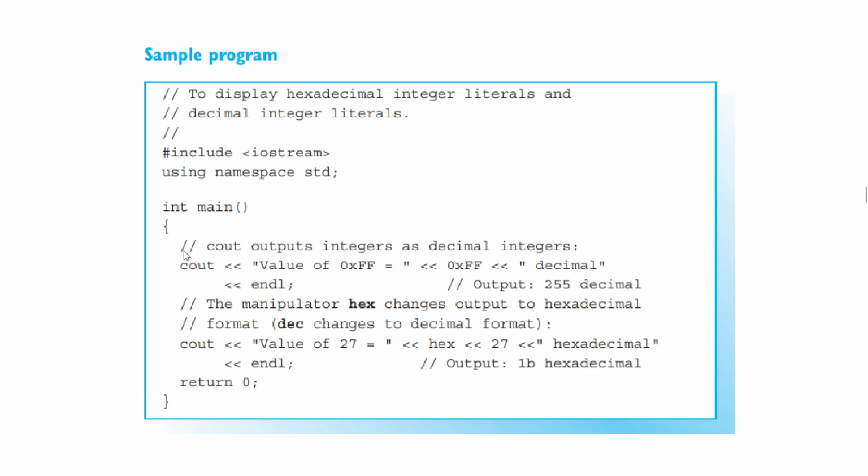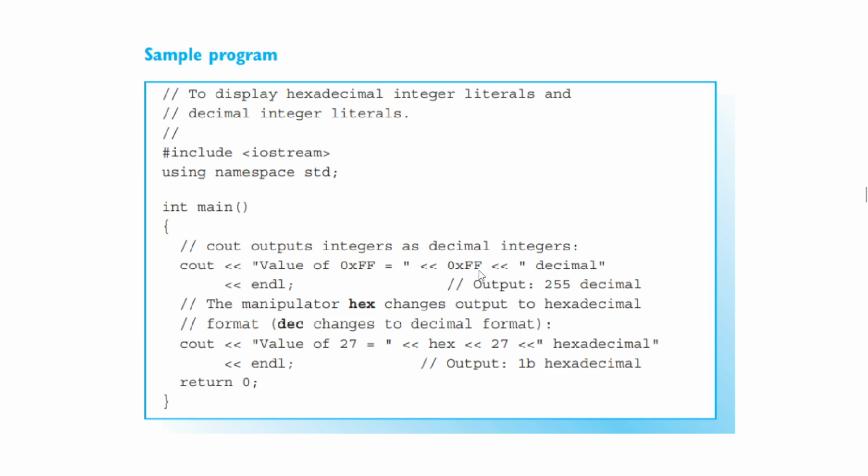And we have a comment here trying to explain what's happening briefly, but let's break it down. You start with cout, so we know we're getting information output into that console. We have "value of 0xff", so this is a string, and then we're literally putting in 0xff, which, as you might recall, is a hexadecimal value.